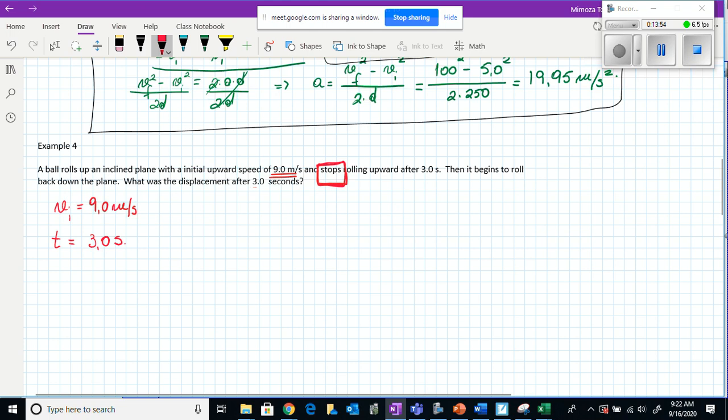What is this word giving us? Yes, v final is equal to 0. And what they are looking for is displacement. So what is the formula that we will use in this case? Okay, formula 2, which I'm assuming will be v final plus v initial over 2 times time. Is that right, Dylan?